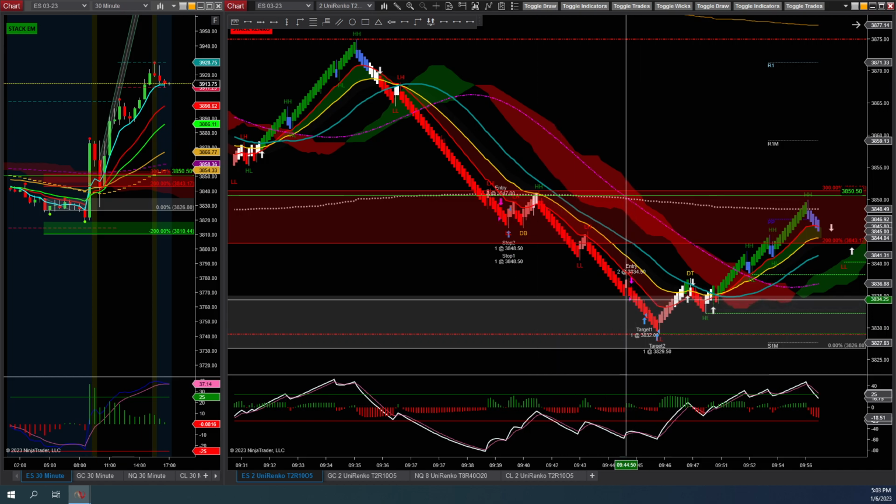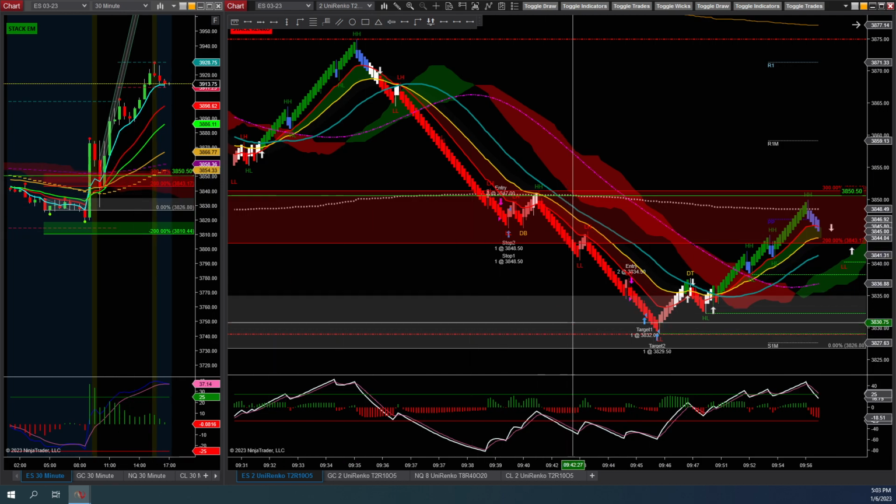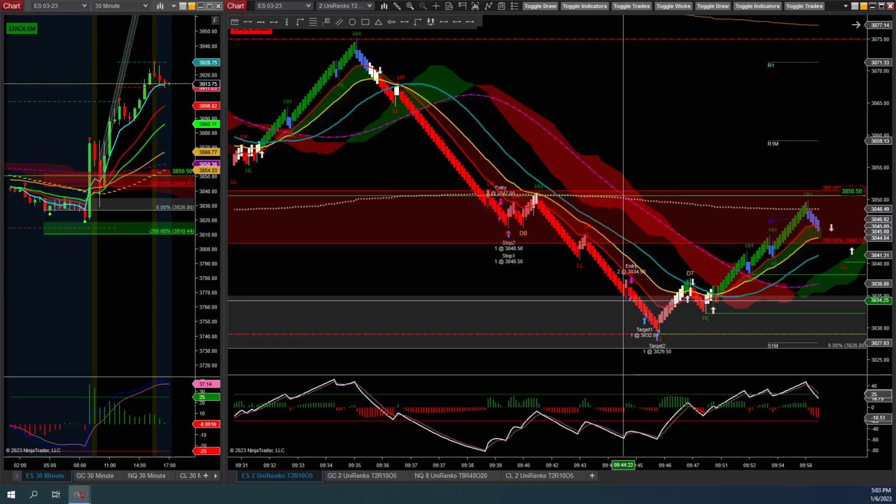I did not take them, but I took this one moving down on top of this range, thinking that it was going to go to the other side of this range. Since it's already extended, right? So we do have a nice move to the downside, and it's already extended.